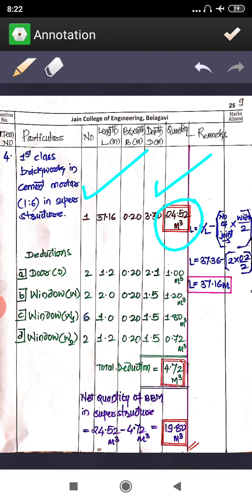The deduction for lintel we are not going to show here, because in the cross section no details of lintel are shown. We don't know the specification of that lintel, so we are not going to consider lintels. We are going to take deduction only for doors and windows, three types of windows: W, W1 and W2. We'll see the numbers in the plan.